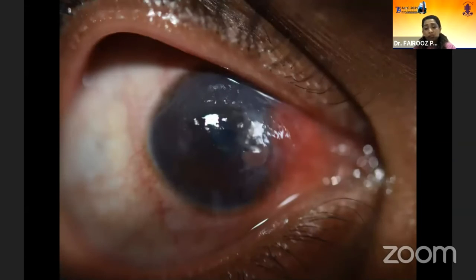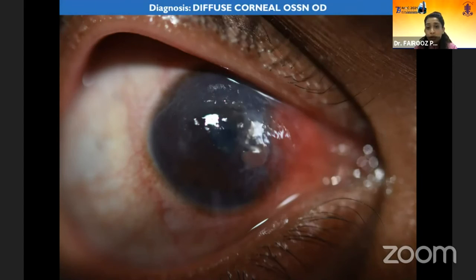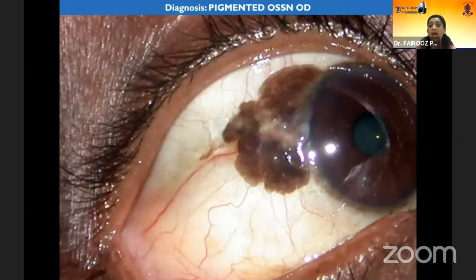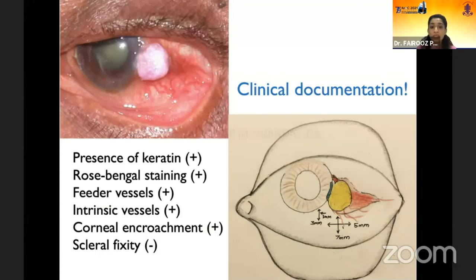There can be presentations such as this. This is an immunocompromised patient with a diffuse corneal OSSN. So apart from the conjunctiva, even the cornea can be affected in OSSN. It can present as necrotizing scleritis, as in this case. And as Dr. Vikas Menon already pointed out, in our population, we are all brown skinned, and we can have OSSN presenting with pigment, like a pigmented OSSN, as in this case.